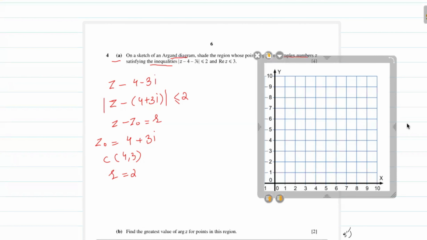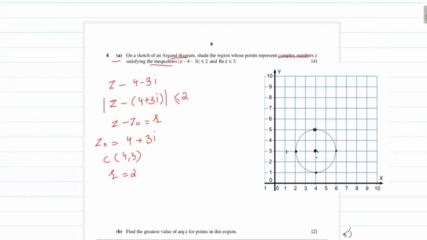You see here, this is the circle, and the inequality is |z minus 4 minus 3i| less than or equal to 2. It means the region inside the circle will be the required region, and the boundary of the circle is also included in the region.